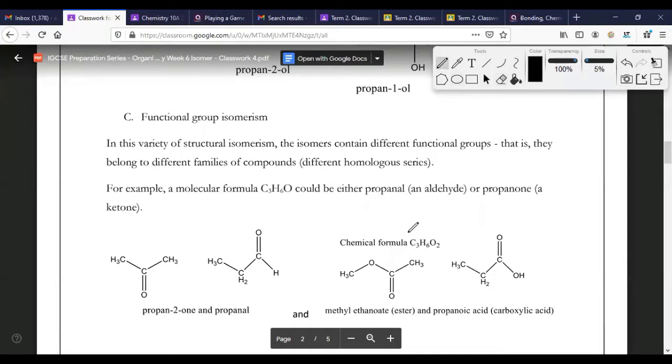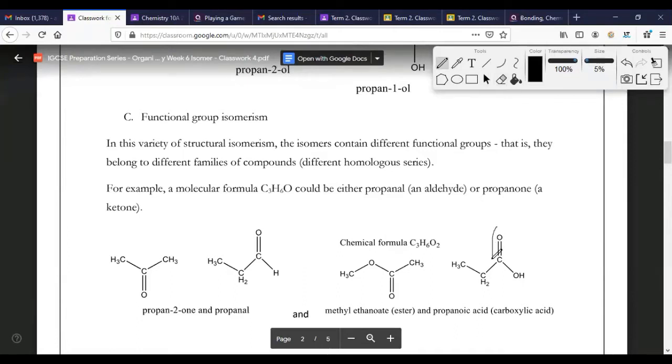The only compounds they ask you are these two, carboxylic acid and ester. They are functional group isomers, because if you notice here, the chemical formula is the same. Both have C3H6O2. The difference is the functional group. One is ester and the other is carboxylic acid.